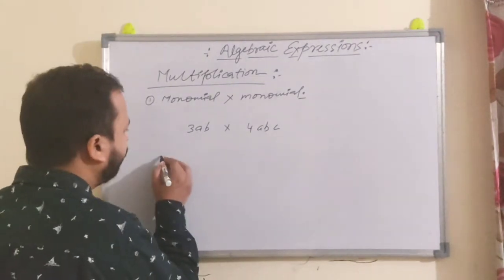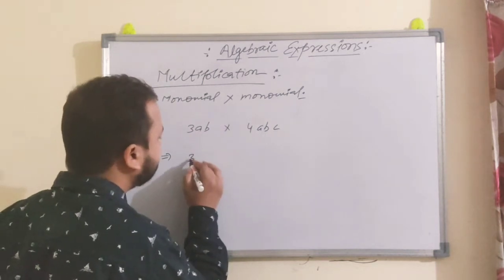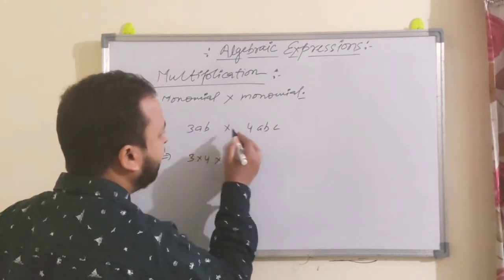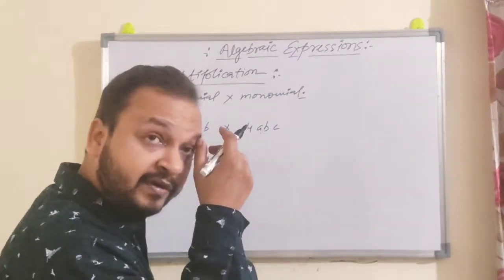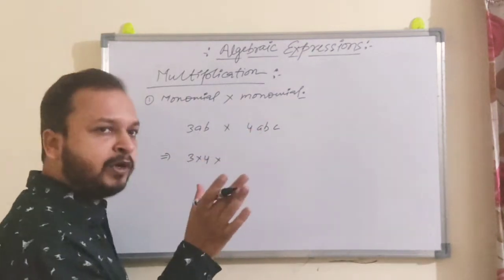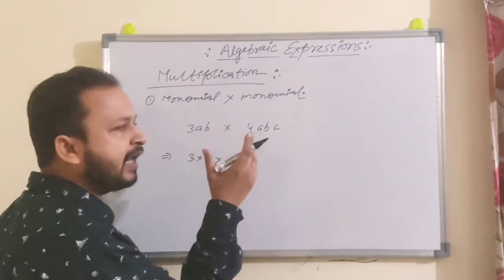So what we have to do, first we have to multiply their numeral values, that is 3 into 4, and then a into a. So here we are using some basic concepts of exponents also. In exponents you know that when the base is the same you can add the powers.